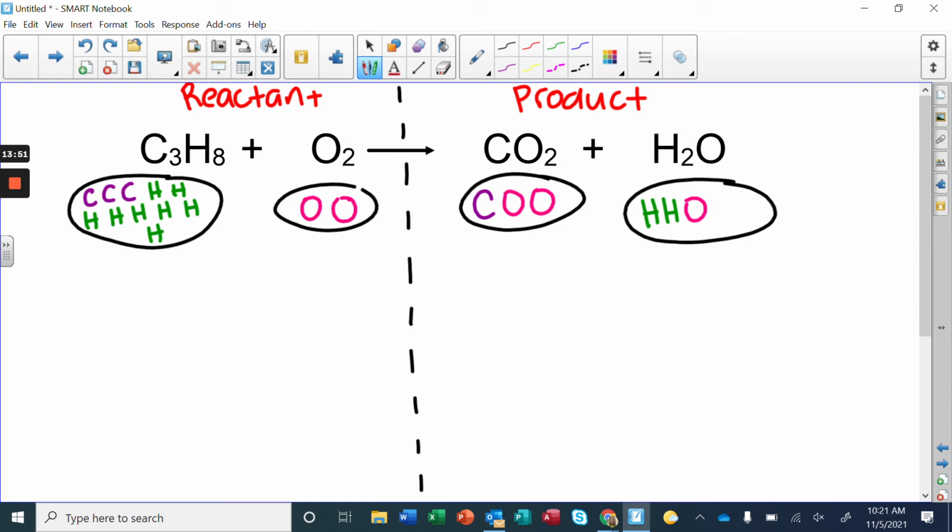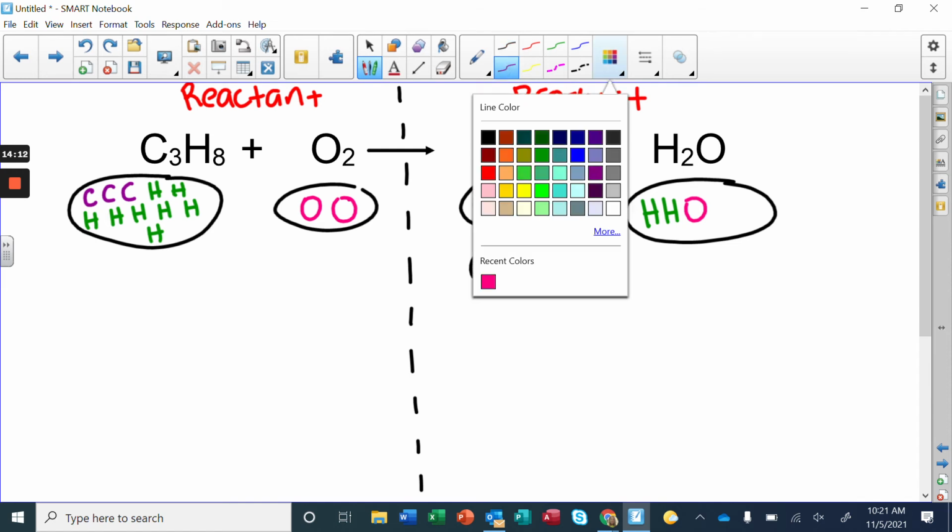On the reactant side, I'm going to start with my carbons. I have 1, 2, 3 carbons on the reactant side, and I have 1 carbon on the product side. So I need to add more bubbles to the product side. So add 1 will give me 1 extra carbon.